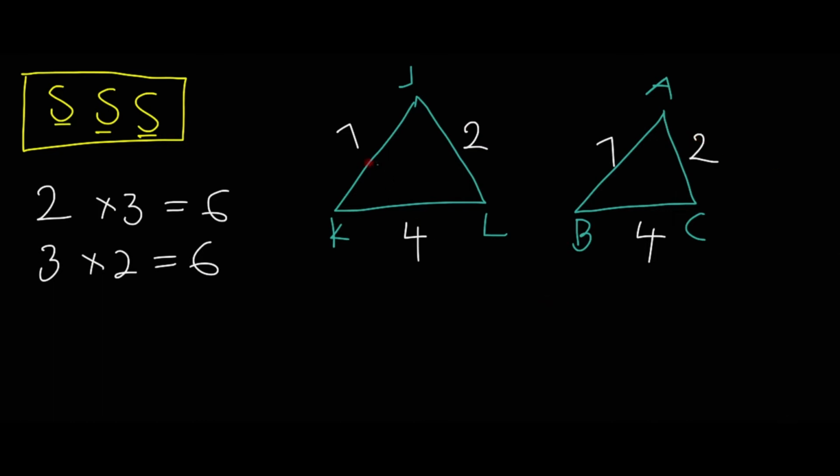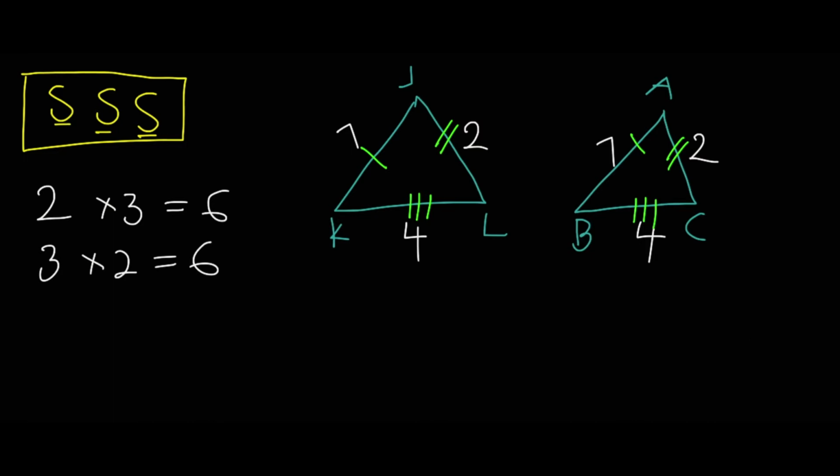You can see this side corresponds to this side, and the sides are equal. This side corresponds to this side, and the sides are equal. This side corresponds to this side, and the sides are equal. Therefore these triangles are congruent by the triple S condition.